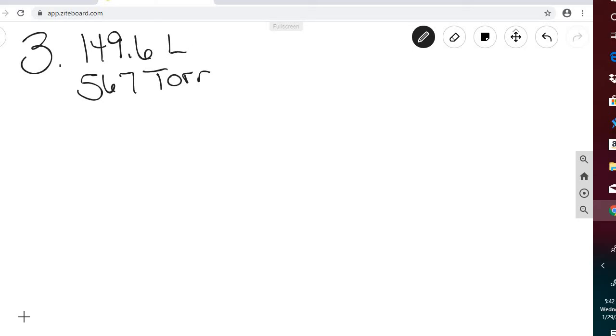So this is V1, this is P1, and then it says if the temperature stays constant, what is the volume? So in other words, what is V2 when the pressure is 981 torr? So P2 equals 981 torr.